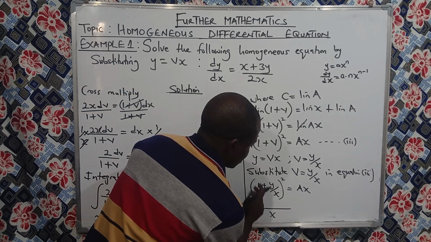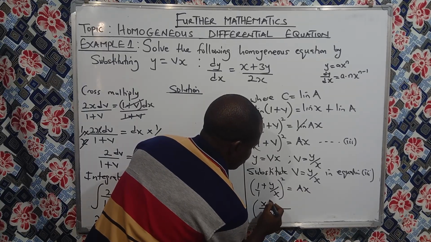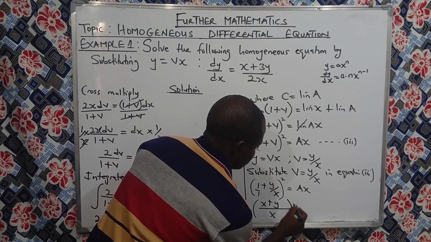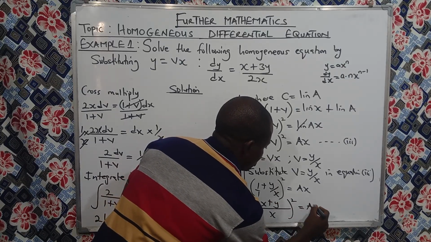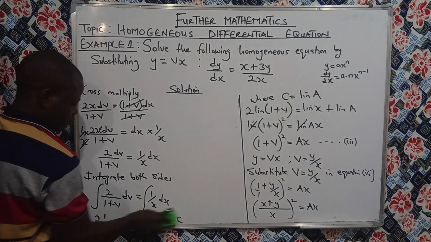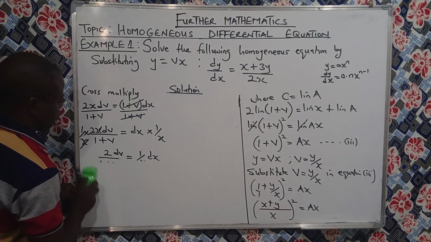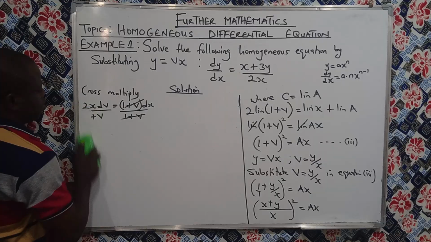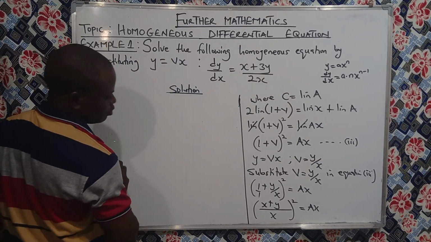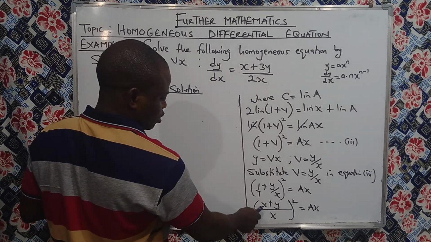So we have x plus y over x, everything squared, equals ax.